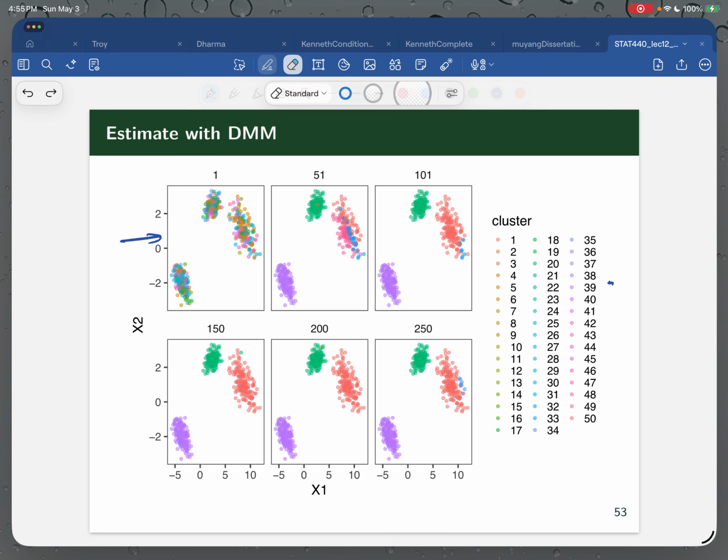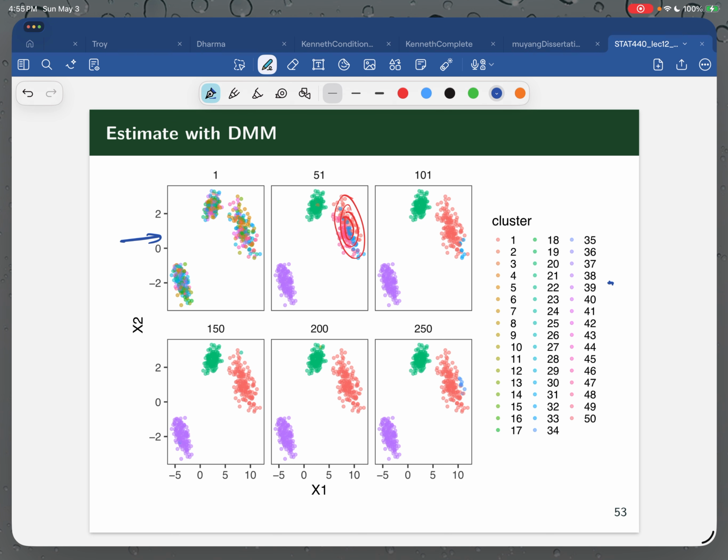There is a cluster with a covariance matrix. The pink cluster has a covariance matrix. Let me try and draw that a little less. Here are maybe the ellipses that describe the covariance matrix associated with that pink cluster.